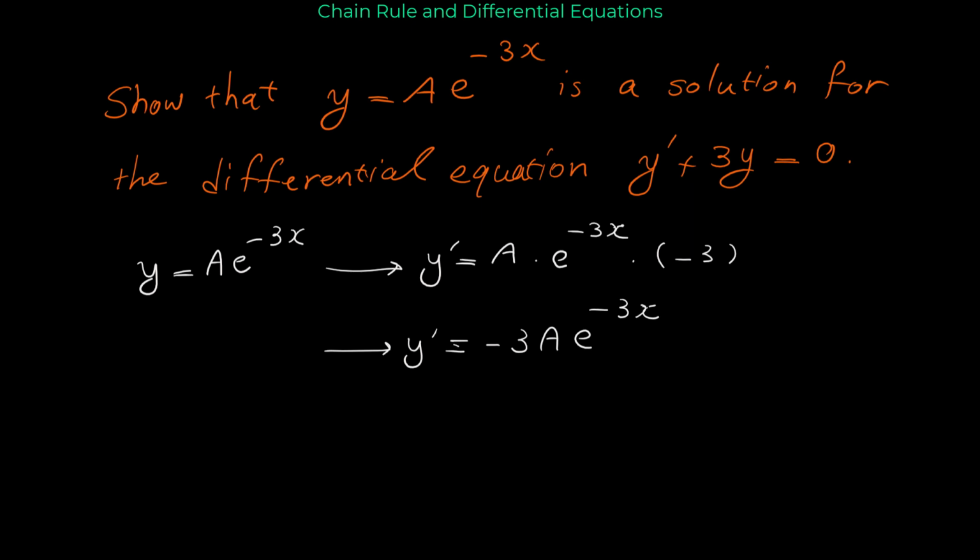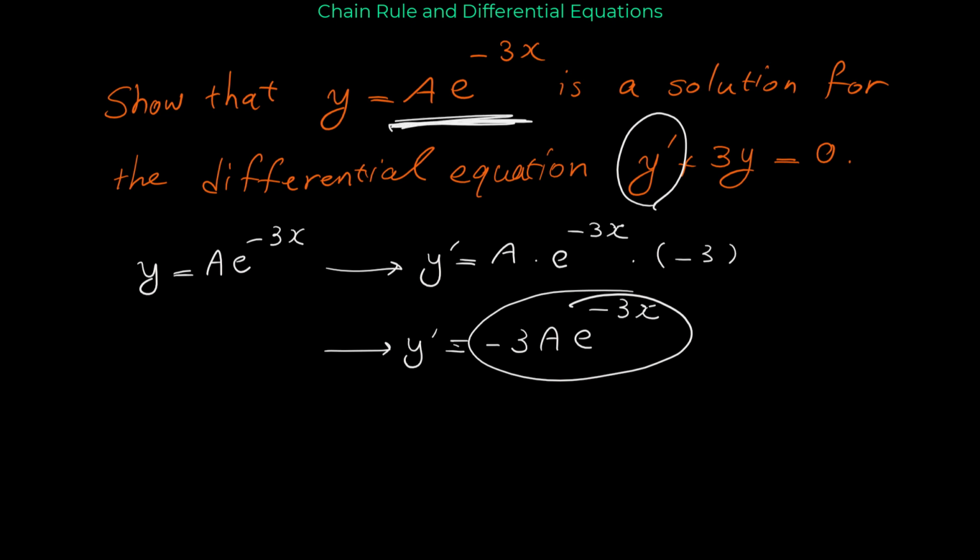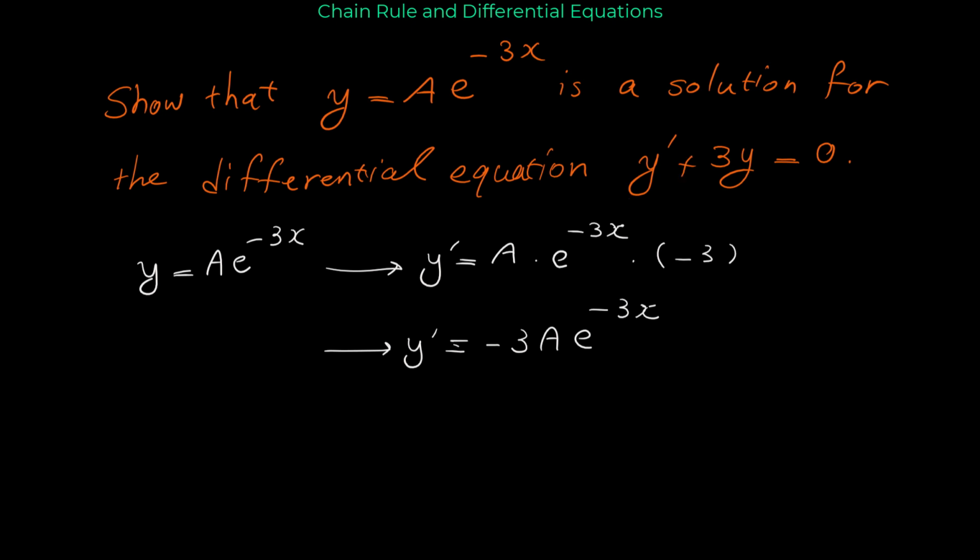Now we want to show that y prime, this expression, plus 3 times the original function equals 0. So we have to find y prime plus 3y. Y prime is negative 3a e to the negative 3x plus 3 times y.